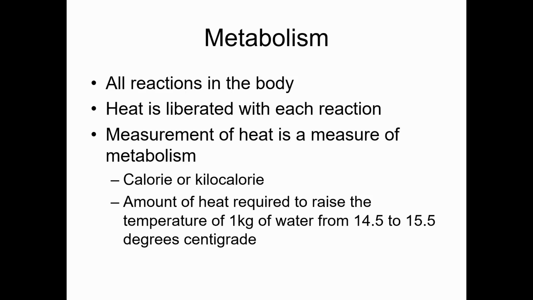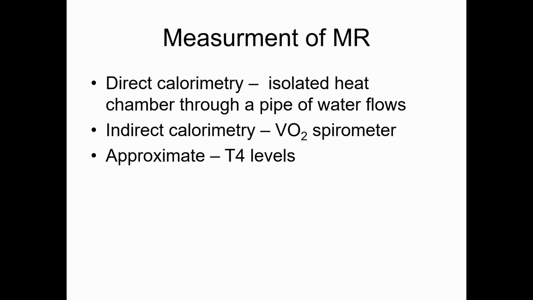The unit that we measure heat with is the kilocalorie, or Calorie with a capital C. A kilocalorie is the amount of heat required to raise the temperature of a kilogram of water from 14.5 to 15.5 degrees centigrade. So direct calorimetry is a measure of heat.